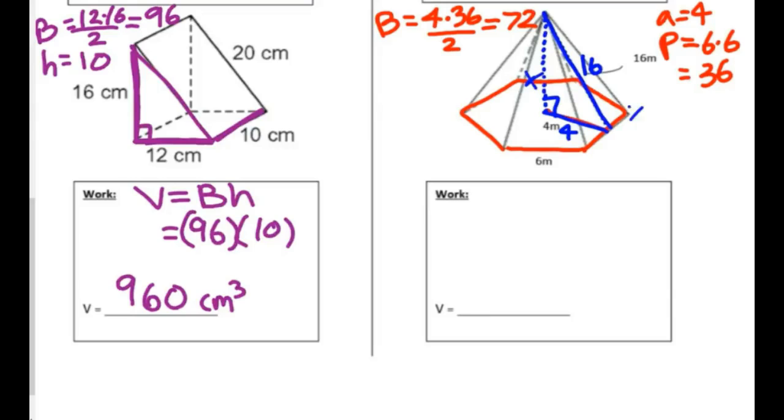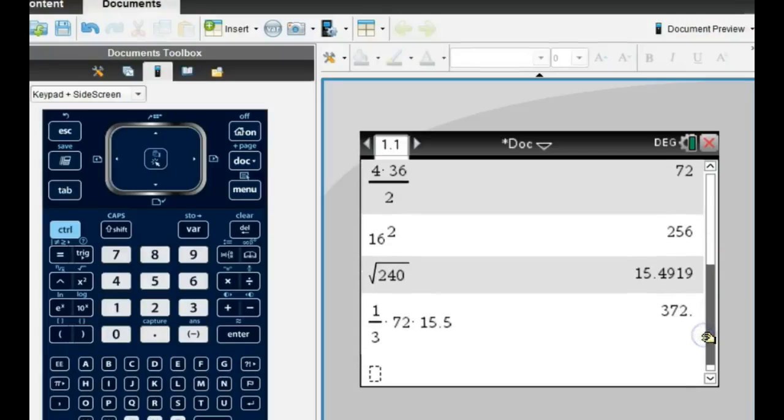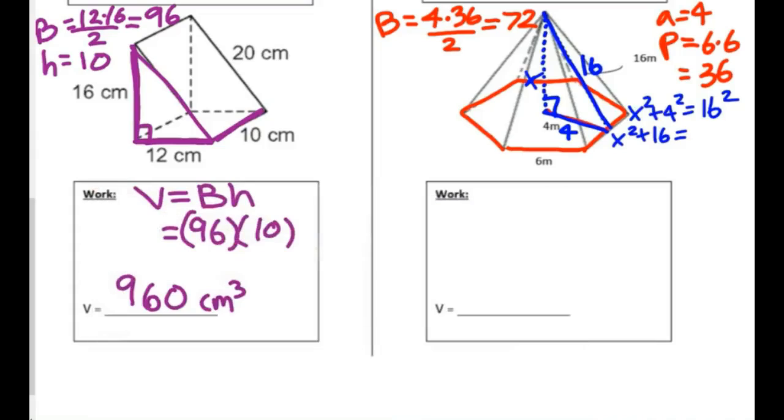Okay? So let's find this x right here. So I'm going to set it up. X squared plus 4 squared equals 16 squared. And we do what we did before, where we square them, subtract them, square root them. Okay? So 4 squared is 16. X squared plus 16 equals, and then 16 squared. All right. True. 256. And then we have to subtract 16.